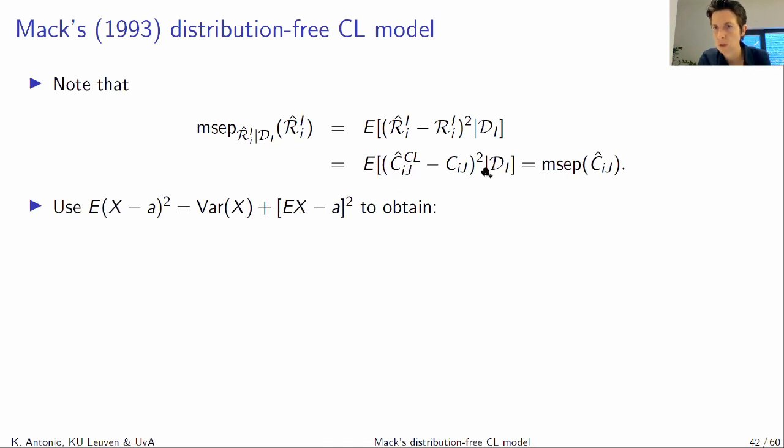So that's the reason why we do the conditioning here. Given the information in the upper triangle, we know what the c hat is. We know what our chain ladder predictor is. So that's what I'm going to approach here as the A.